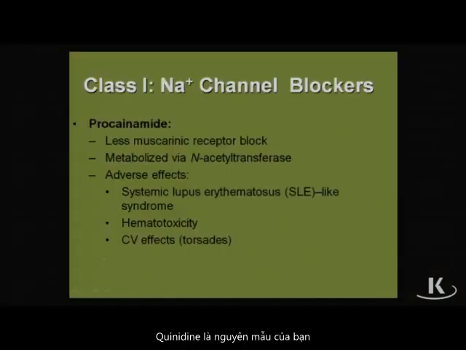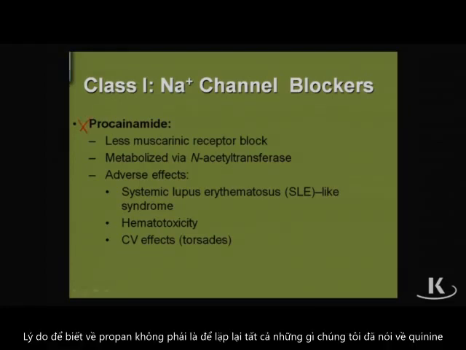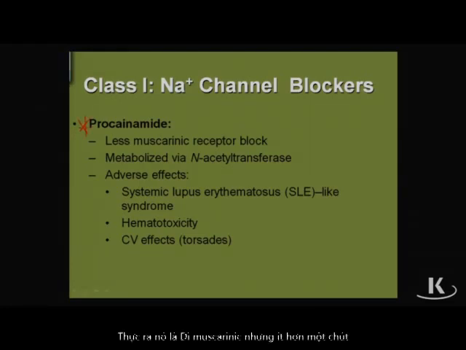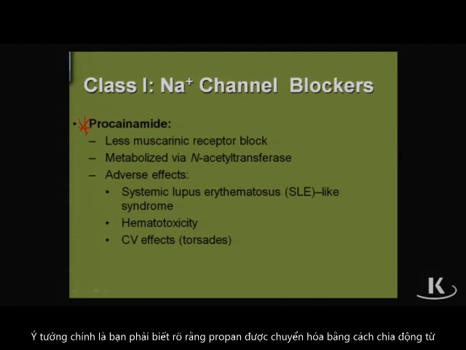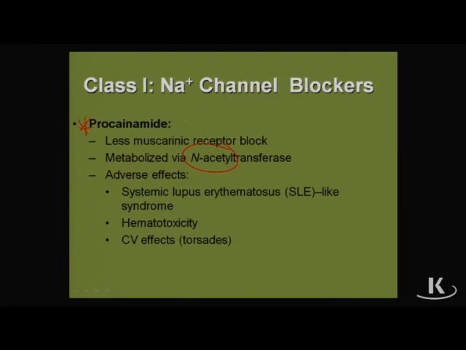Quinidine is your prototype. There's certainly other class 1A drugs, and the one to know is procainamide. The reason to know procainamide is not so much to repeat everything we said for quinidine. It is actually antimuscarinic, although a little bit less so. The main idea is you must know well that procainamide is metabolized by conjugation through the process of acetylation.